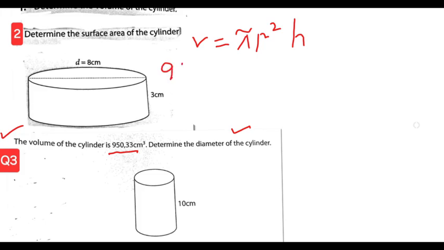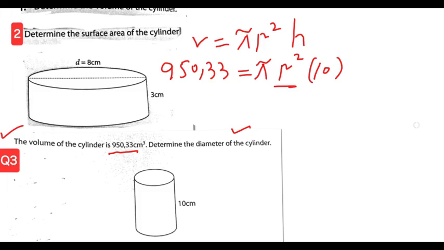So 950.33 is equal to pi from the formula, and the r, obviously the diameter we need to find. So we need to find the radius first, we don't know it. H is given, 10. Now we're going to further simplify. So our subject of the formula is r.